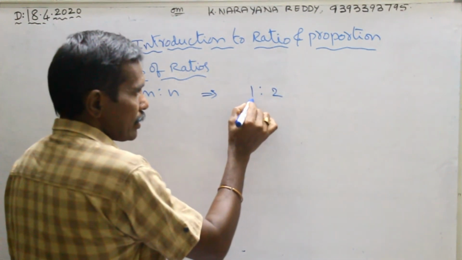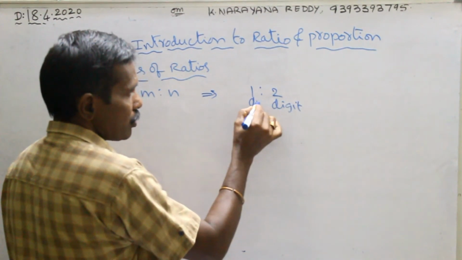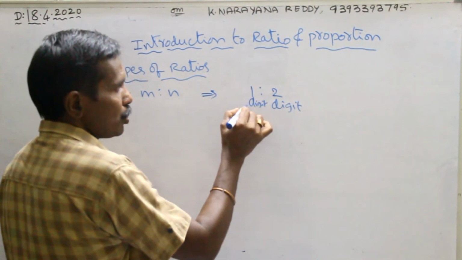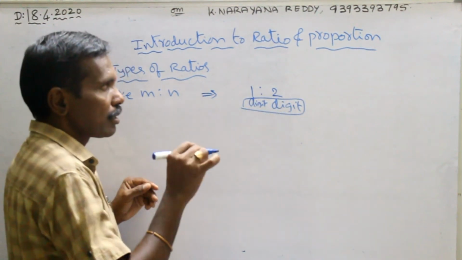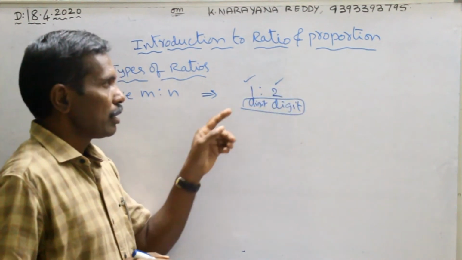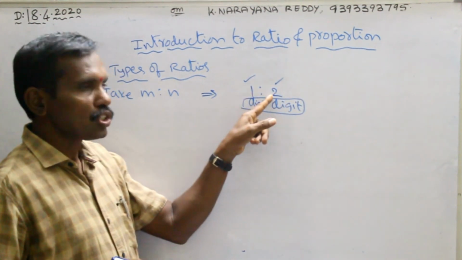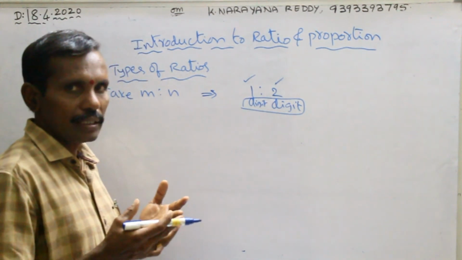It is a digit. It is also a digit. So these two are digits, but this is 1, this is 2. This is proportion, which contains 1 rupee, which contains 2 rupees. That is duplicate.